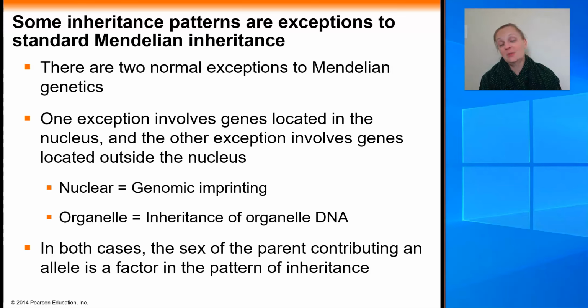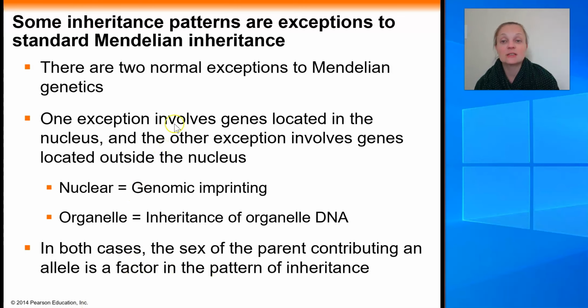And the other example has nothing to do with those genes. It has everything to do with the genes that are located in organelles like mitochondria and chloroplasts. But in both cases, in the nuclear example and the organelle example, the parent from whom the genes were inherited makes a difference in how those genes are expressed, right?